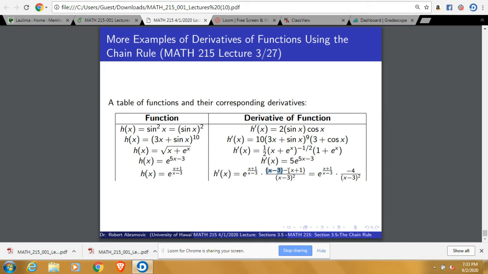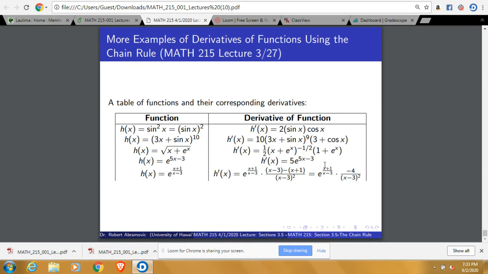And then we subtract the derivative of the denominator, which is also 1, times the numerator left behind. So we're left with x minus 3 minus x plus 1. That's the same as x minus 3 minus x minus 1. The x's cancel. You're left with minus 3 minus 1, which is negative 4. And of course, you're dividing by x minus 3 squared. So it's e to the power times negative 4 over x minus 3 squared.